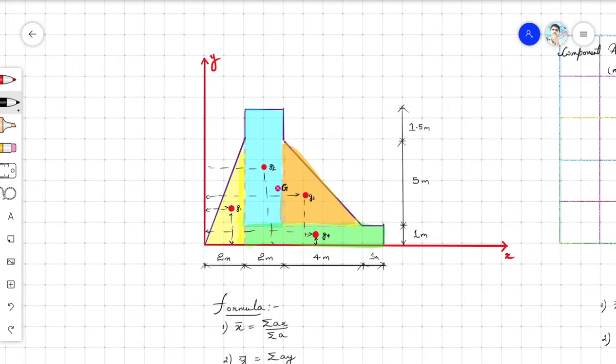I hope you understood this. So this is how it is divided. We take G1, find x1 and y1, we get G2, find x2 and y2, we get G3, find x3 and y3, we get G4, find x4 and y4.